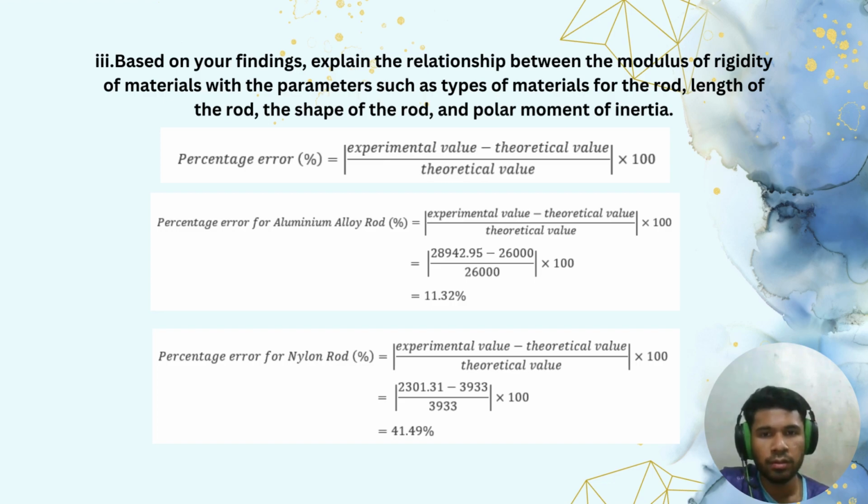Okay, the formula for percentage error is experimental value minus theoretical value divided by theoretical value multiplied by 100. The percentage error for aluminum alloy rod we get is 11.32%, while the percentage error for the nylon rod we get is 41.49%.